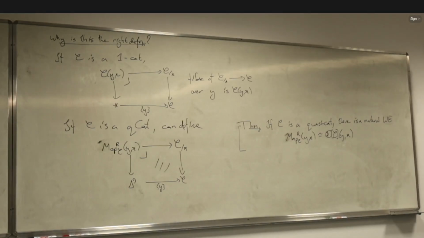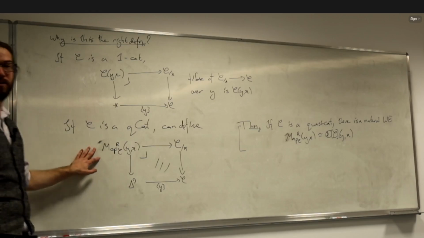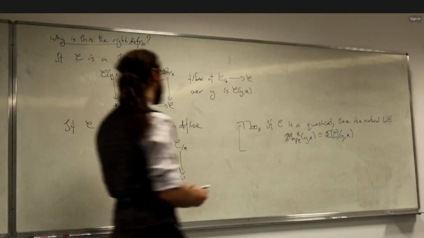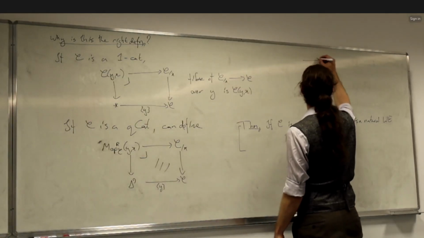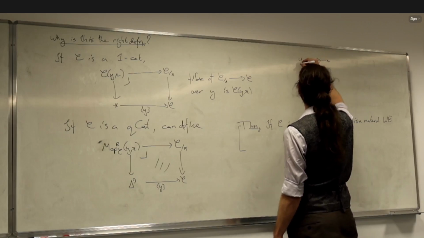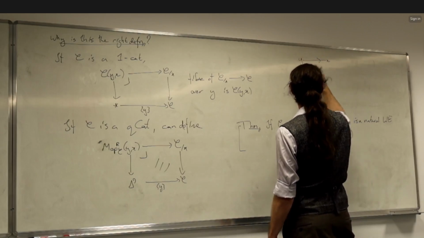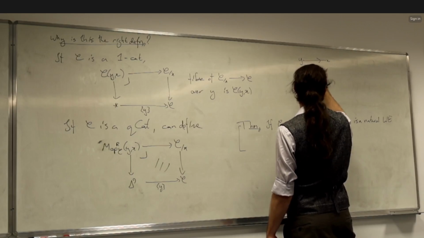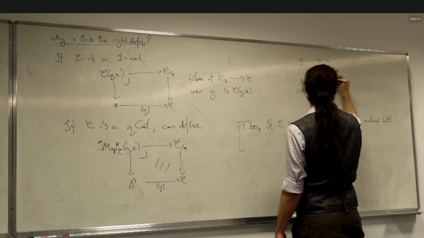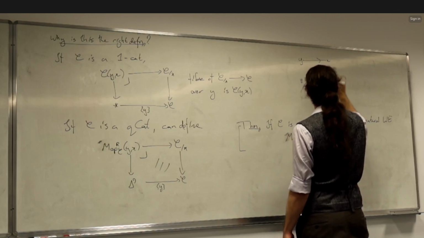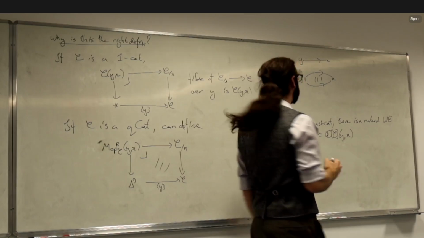So I should also say we can draw pictures of the simplices in here. The zero simplices are just going to be what you'd expect. The one simplices are going to be, again, more or less what you'd expect.